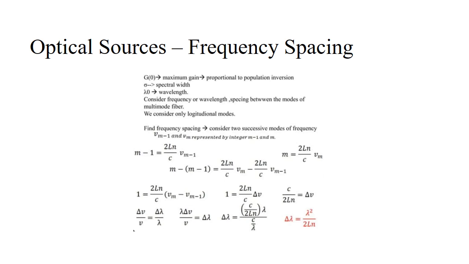If we subtract this, finally what we get is delta lambda equals lambda squared divided by 2ln. This is the frequency spacing.